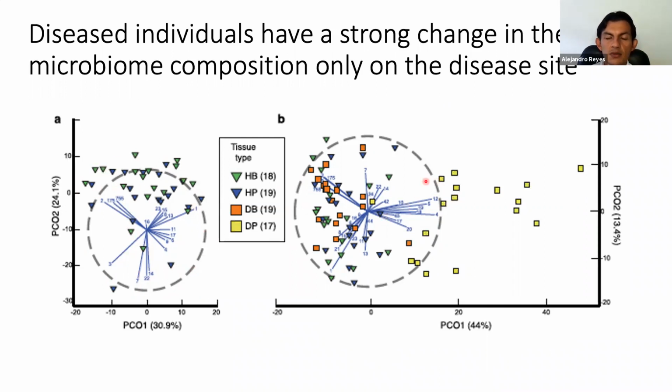But when we add the diseased individuals, shown here in orange and yellow, the yellow being the ones very close to the necrotic patch and the orange one the distant one, we can see that the distant one is healthy and clusters with the healthy, but the yellow, which was close to the necrotic patch, is really changing its composition.